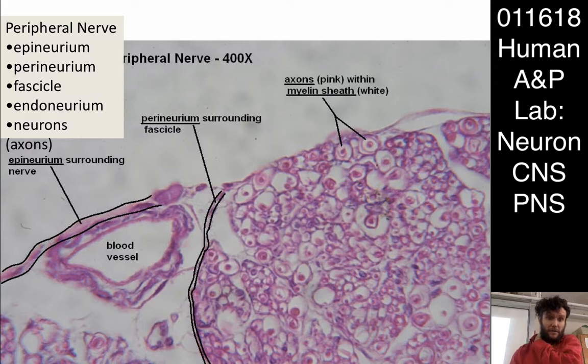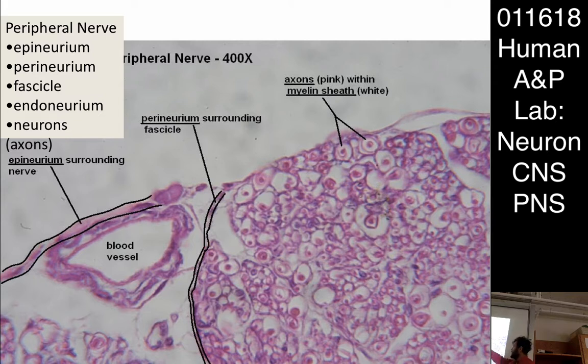All right, so same slide, just a little bit closer. And here we can see individual neurons. So let's just look at this one, for example. The dark staining area in the middle of that is going to be the axon.